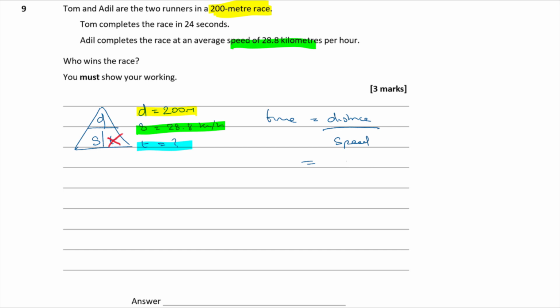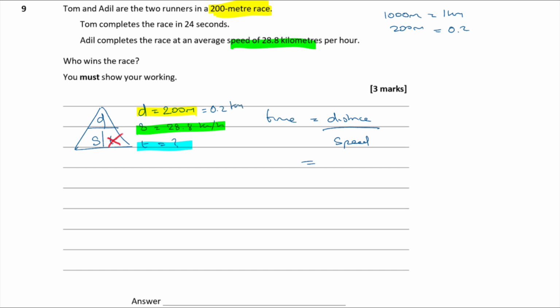So 200 meters, that's the same thing as how many kilometers then? There is 1,000 meters in a kilometer. So 200 meters is going to be 0.2 of a kilometer, isn't it? Okay, so I'm going to rewrite that one as 0.2.